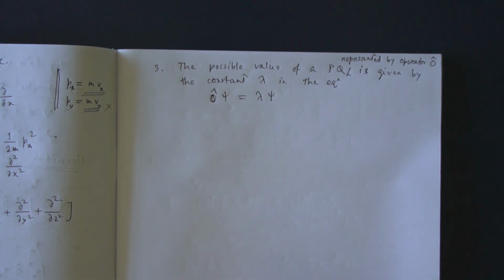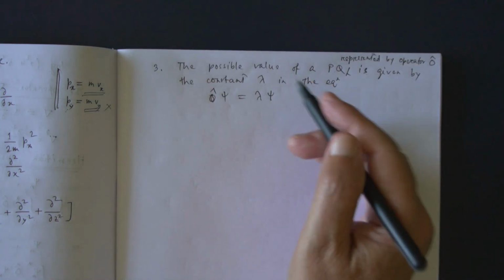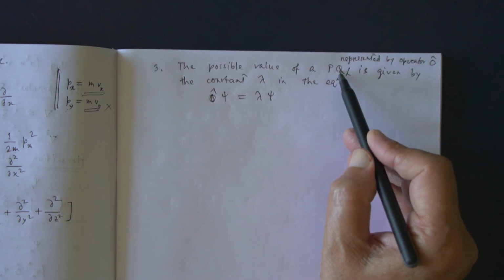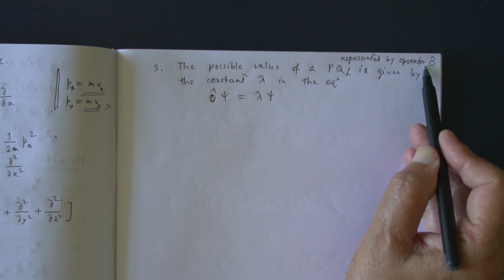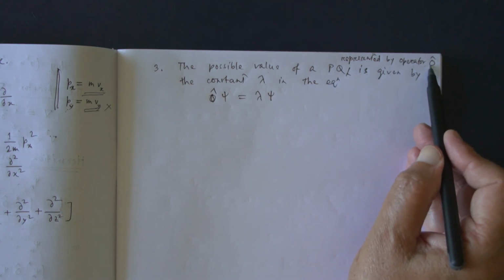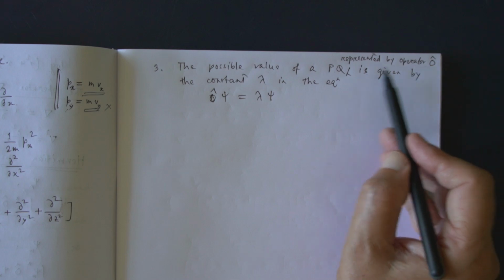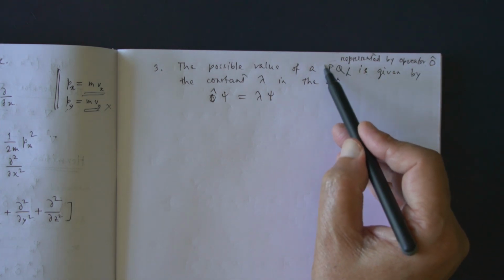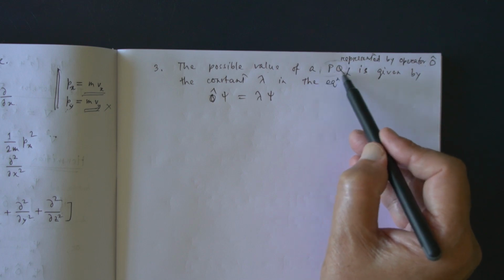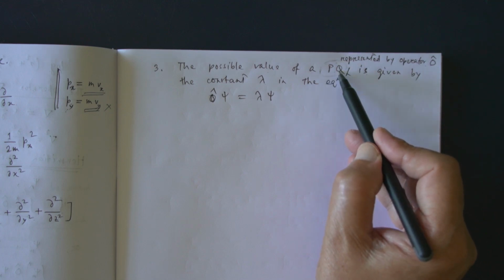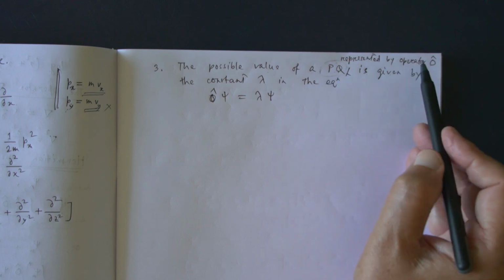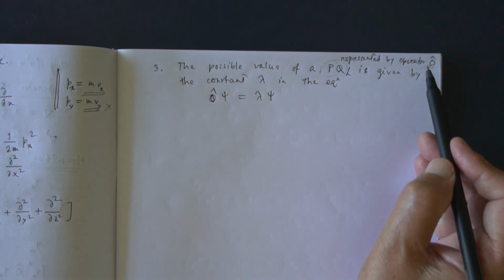We have already said that a physical quantity is represented by an operator. So the value of the physical quantity, which has been represented by this operator, comes from this equation.